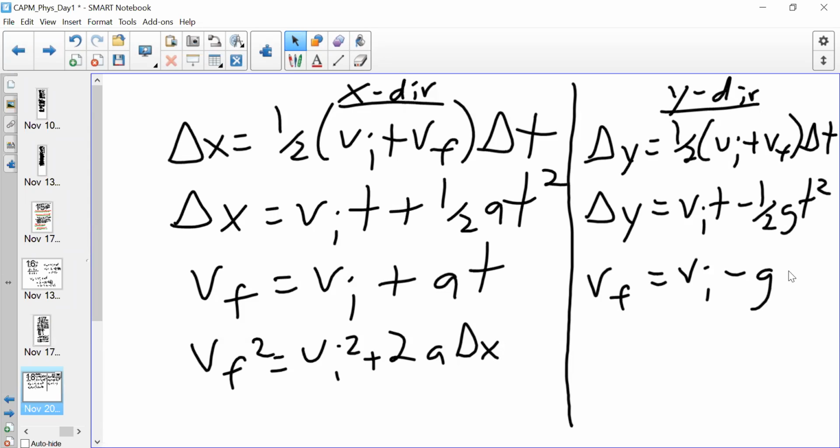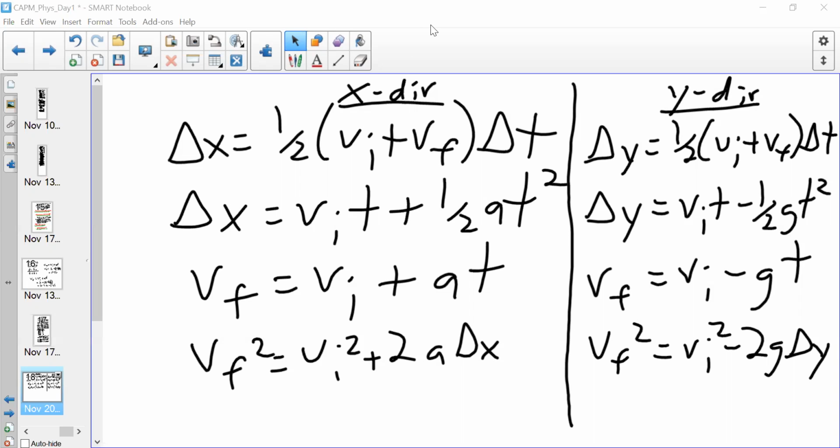This is VI minus GT. 2G delta Y. So that's what we'll be working with in lesson 2 for X direction, and lesson 3 Y direction.